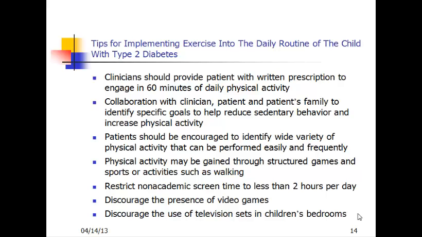Patients should be encouraged to identify a wide variety of physical activity that can be performed both easily and frequently. Patients should be encouraged to perform physical activity that may be gained through structured games and sports or activities such as walking.